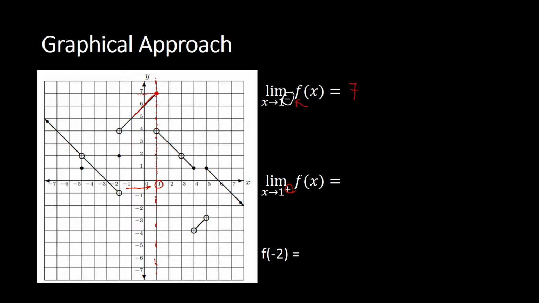So here, we are going to look at the right side. The right side of 1 is going to be this graph in here. Now, tracing that graph, this would be leading to that hollow point there, wherein x is equal to 1.